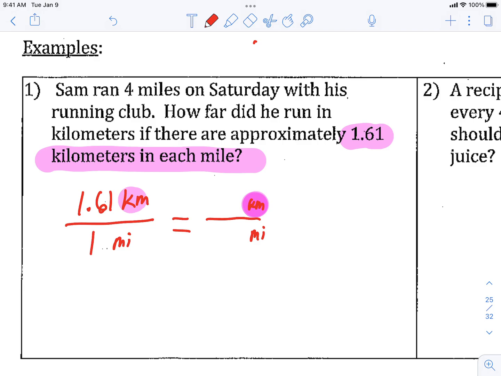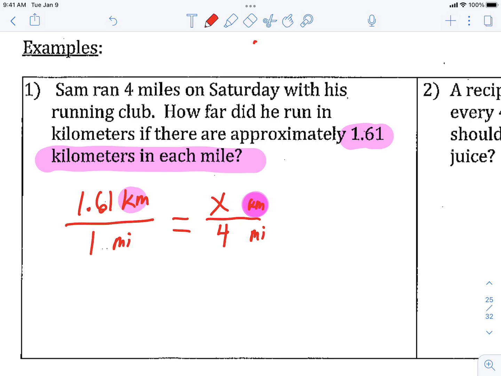We're reading the problem, and I see that there's 4 miles that he ran. So 4 goes in the denominator. And the problem is asking for how far did he run in kilometers. That's our x. That's going up top.